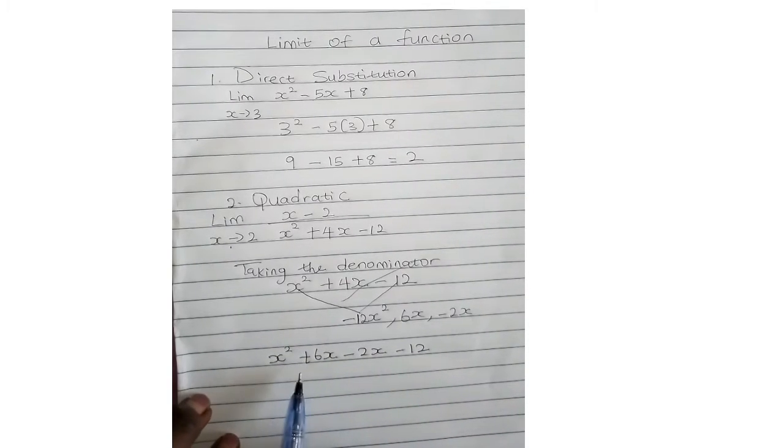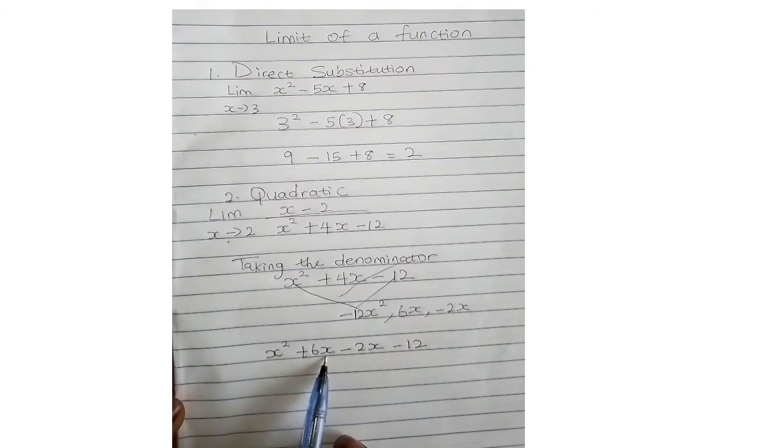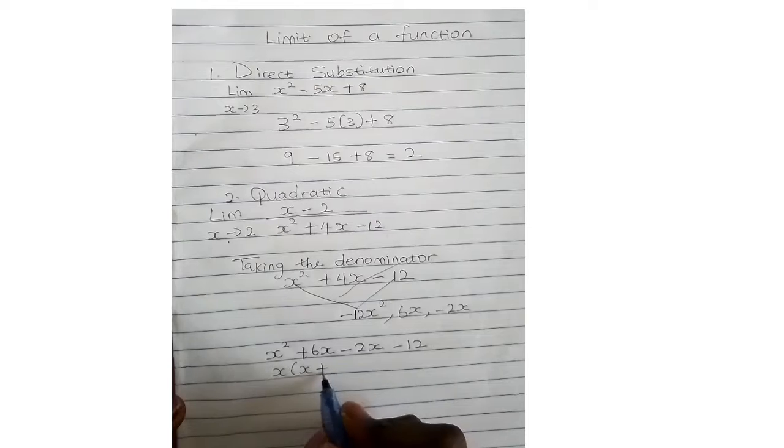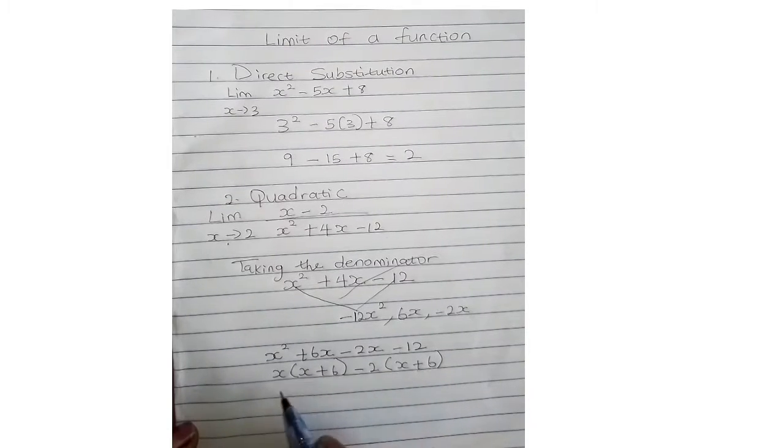Now we can factorize easily. What's common between the first two terms is x, so x remains, x plus 6. What's common between the last two is 2, so we have 2 into x plus 6, with a minus sign because minus times plus gives minus.